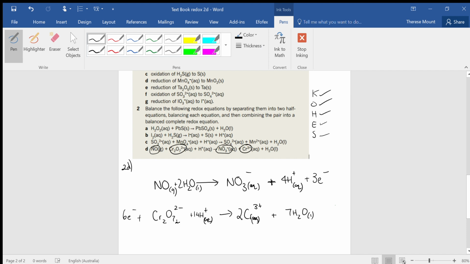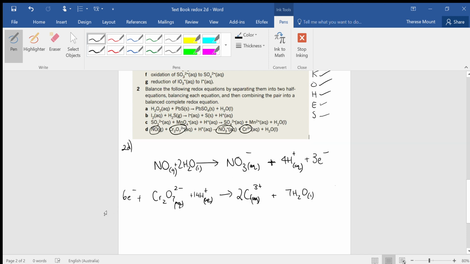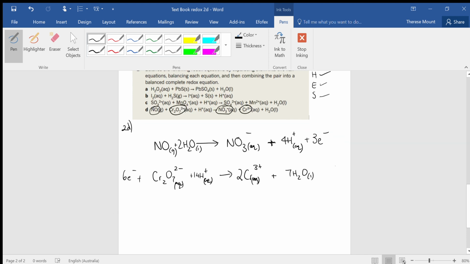Okay, so now what I can do is add my equations together. And I always need to check that my electrons are the same value before I do that. Okay, so 6, 3, the smallest number that 3 and 6 can go into is 6. So I don't need to multiply this by 1 because that would be a bit pointless. So let's multiply everything here by 2.